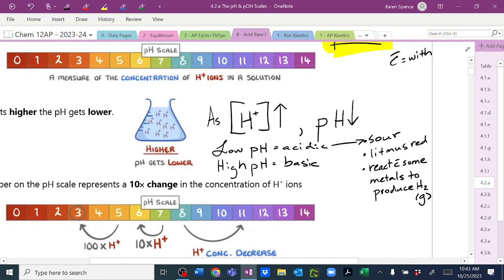What else? Soluble in water? Let's see what it has to say.